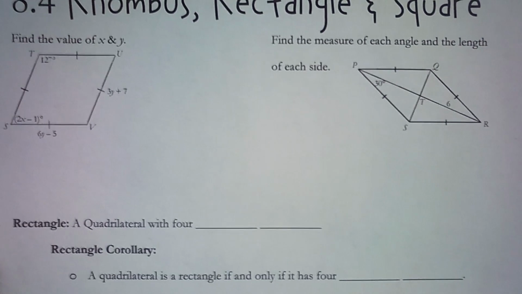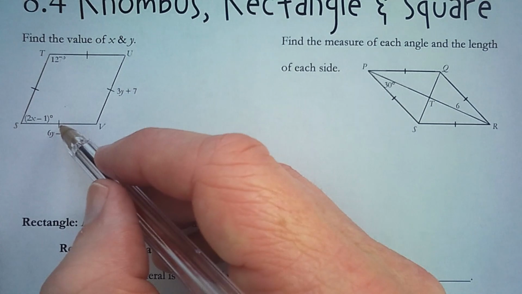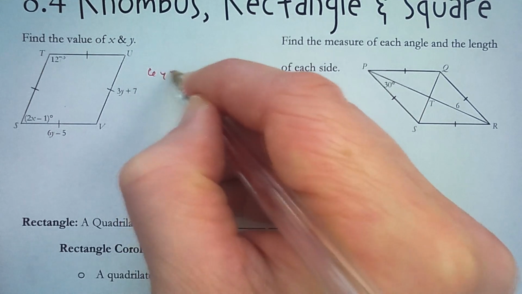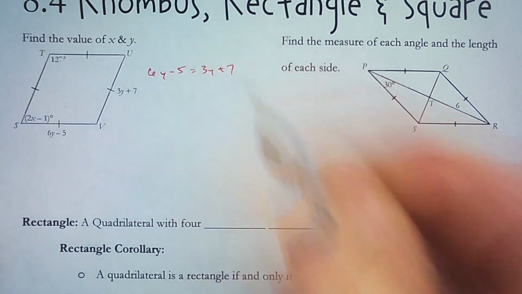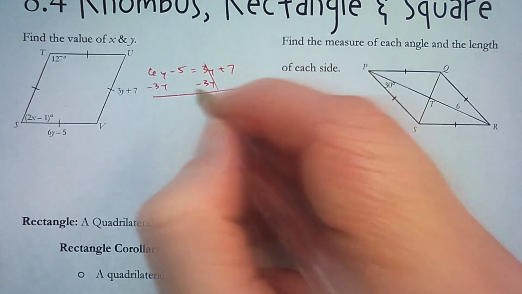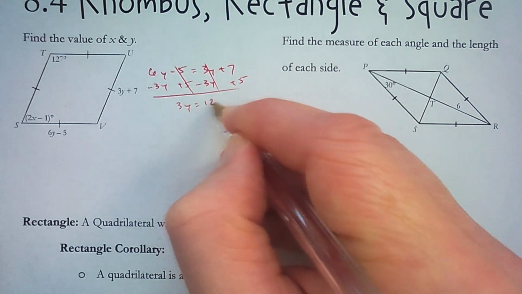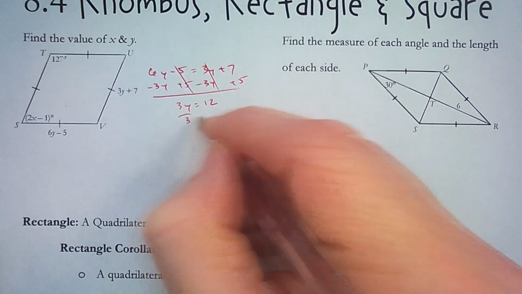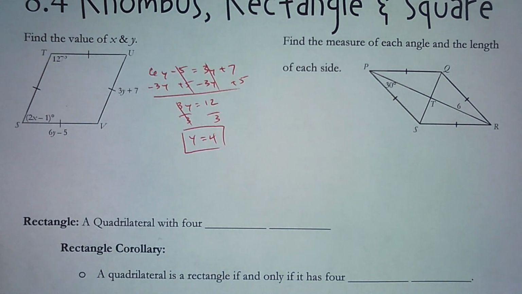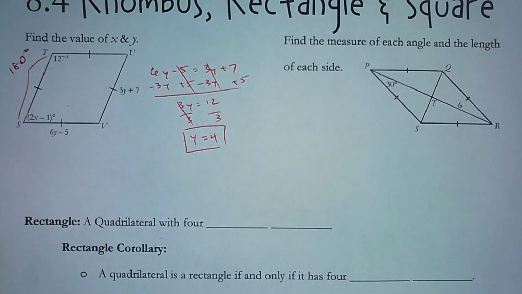So using those properties, let's find the values of x and y here. Okay, so in a rhombus, every side is congruent to every other side, so I know that 6y minus 5 is equal to 3y plus 7. So I can subtract 3y from both sides, and I can add 5 to both sides, and I get 3y is equal to 12. And I can divide both sides by 3 and get y is 4. I also know that consecutive angles are supplementary.